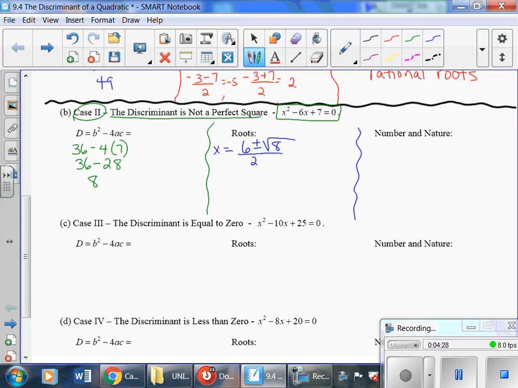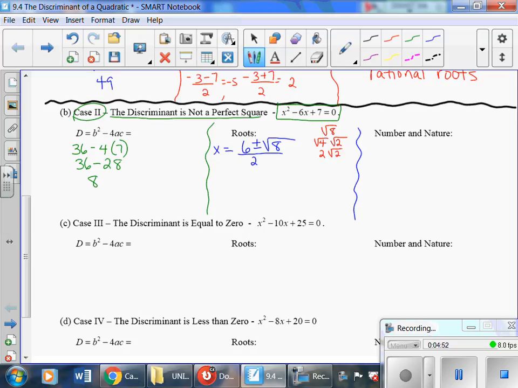Now remember, radical 8 is going to simplify into the perfect square and whatever's left over. So that's going to be 4 and 2, because it'll always tell you that it wants it in simplest radical form. So that means we're going to simplify rad 8 to 2 rad 2.